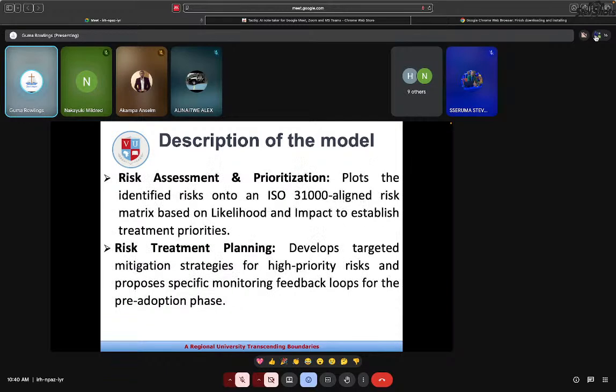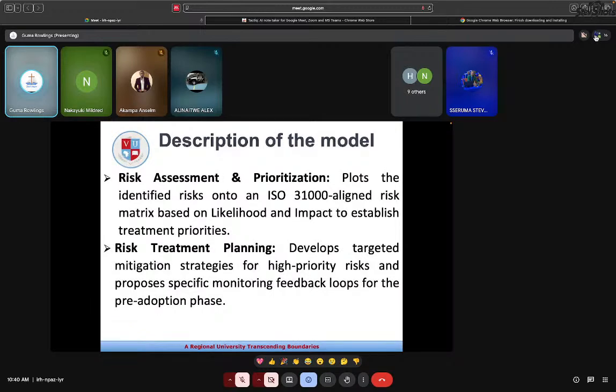With risk assessment and prioritization, here is where we are plotting the identified risks onto a risk matrix based on likelihood and impact. So we have different zones: high risk, low risk, medium risk, and all that, as we'll see.